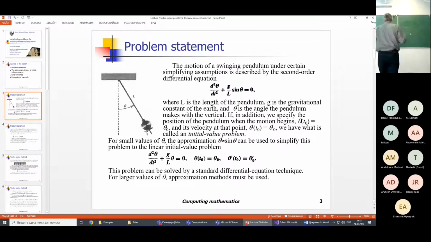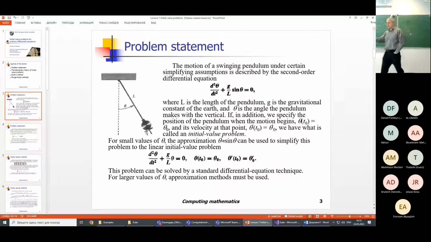How to describe this swing? This is a length. The length is fixed, L. And in this case, how to describe the swinging of the pendulum? We can introduce the angle between the vertical line and the pendulum.